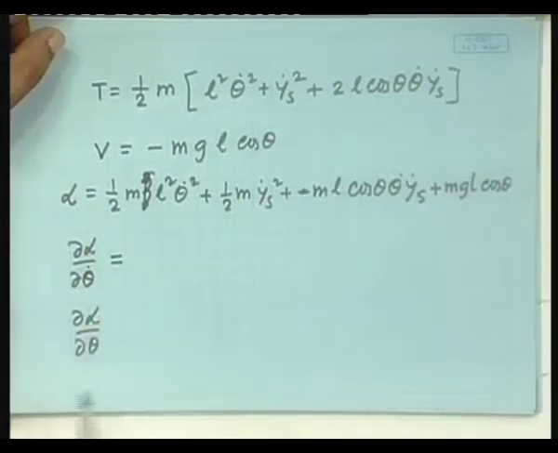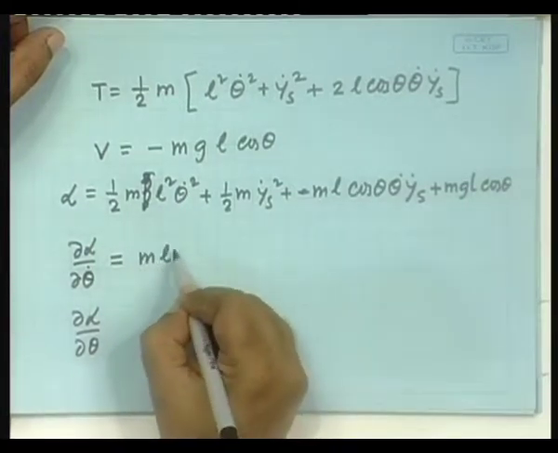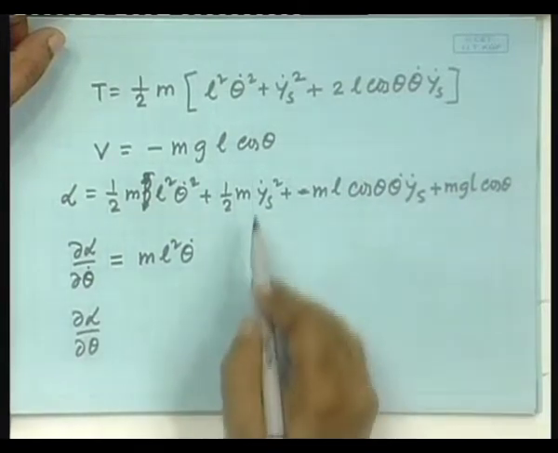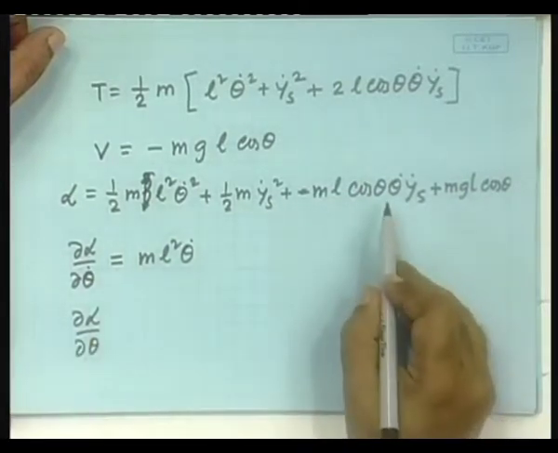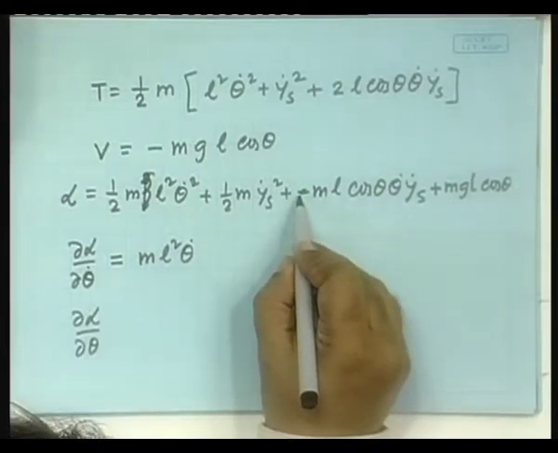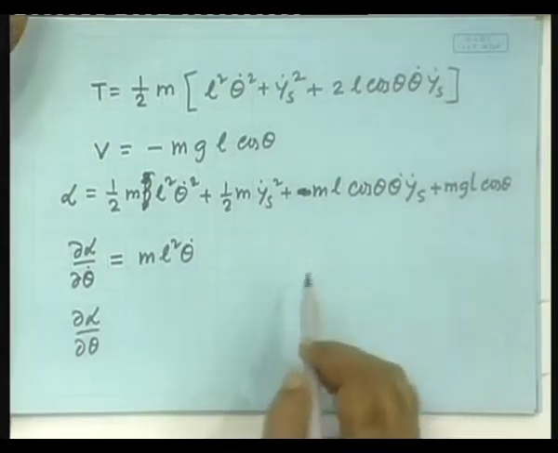Now, this becomes m l squared theta dot, right. This goes off, this remains. So, this was what? This plus, this is not there.